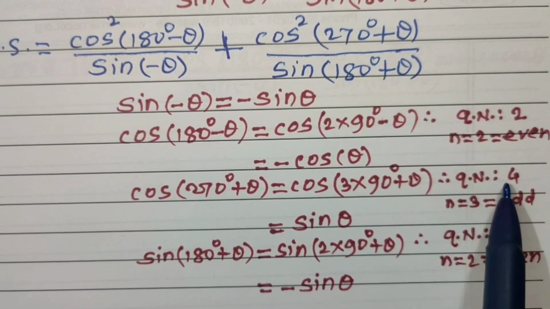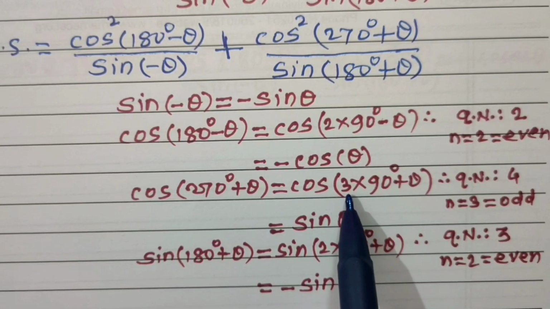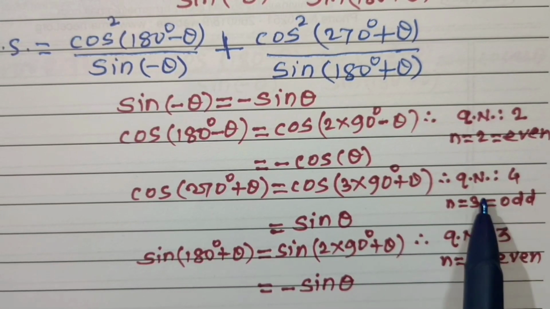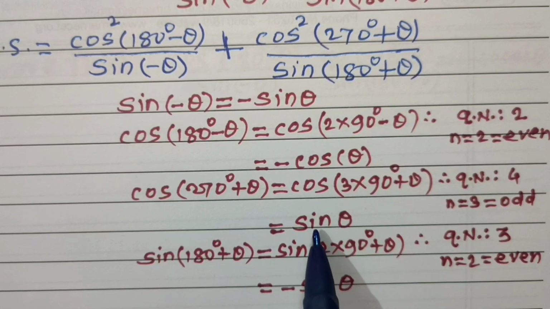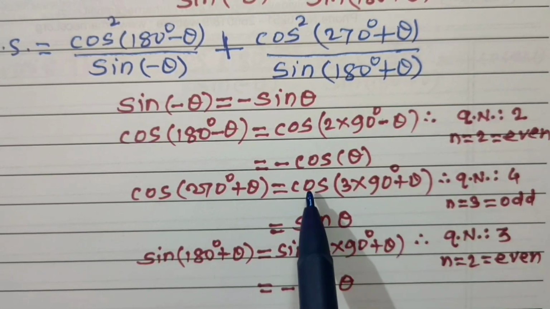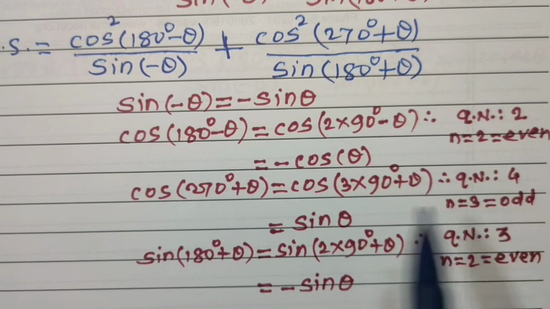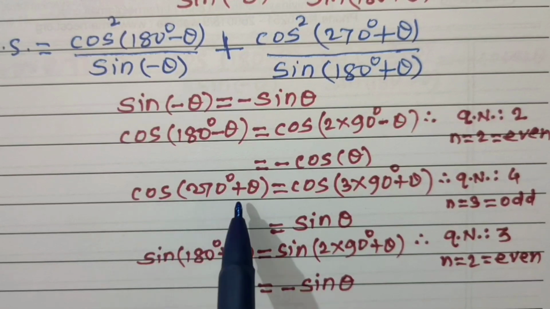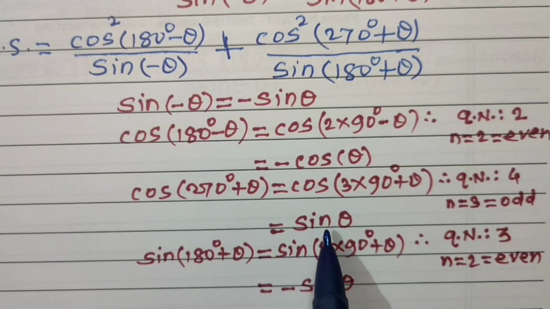So the quadrant number we get is 4, and n is 3, which is an odd number. Due to n being odd, the cosine ratio changes into sine, and in quadrant number 4 the cosine ratio is positive, so here a plus sign. Hence cos of 270 degree plus theta can be written as sin theta.